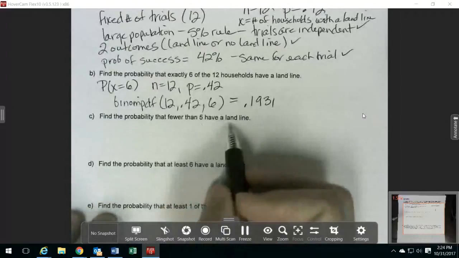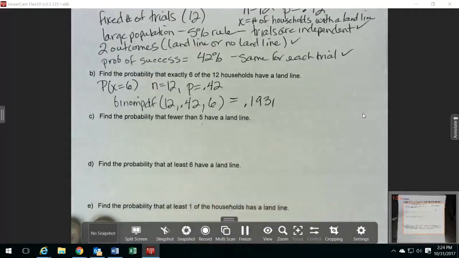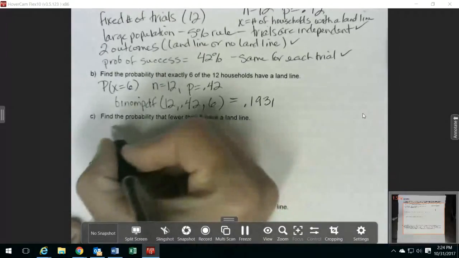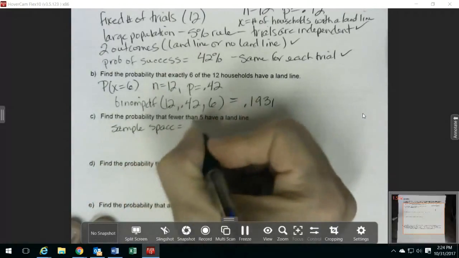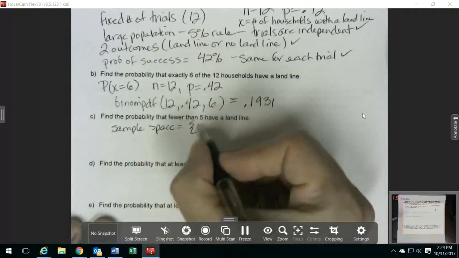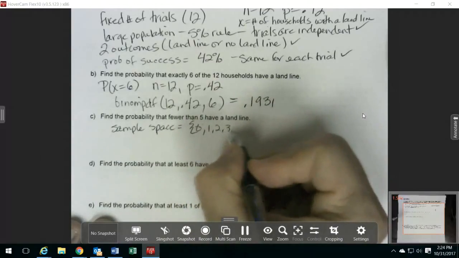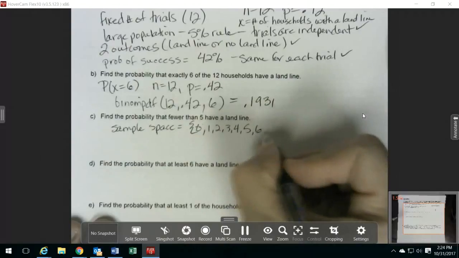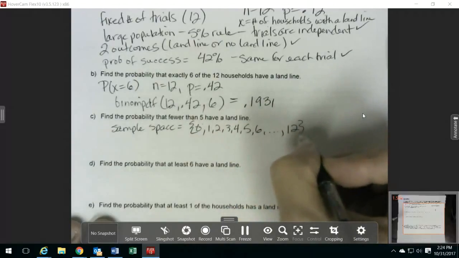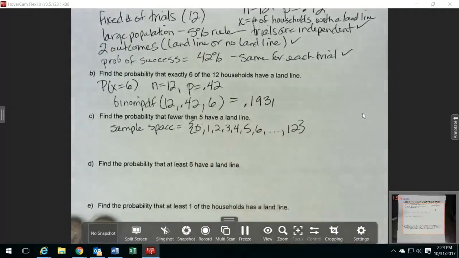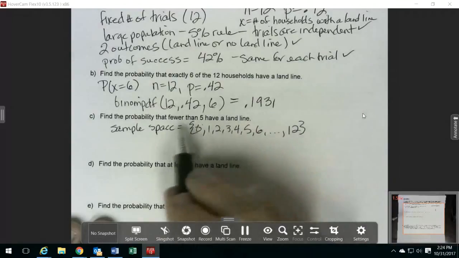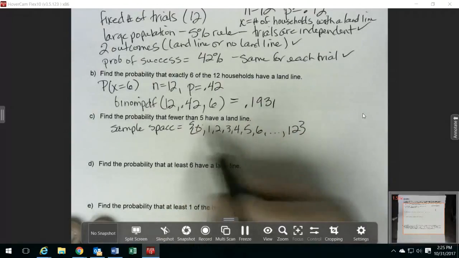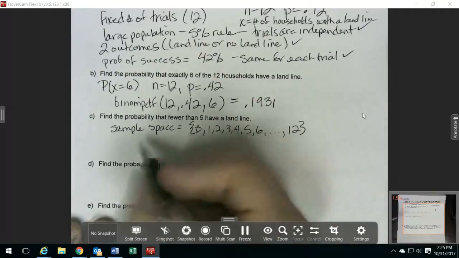Okay, then the probability that fewer than 5 have a landline. Remember, if you do have a binomial distribution, then your sample space, all the possible outcomes, is all the possible numbers of successes. So your sample space goes from 0 up to 12 in this one. So it goes from 0 up to your number of trials. If we want fewer than 5, you have to pay strict attention to whether you're including the number or not. Fewer than 5 means you're not including the 5.